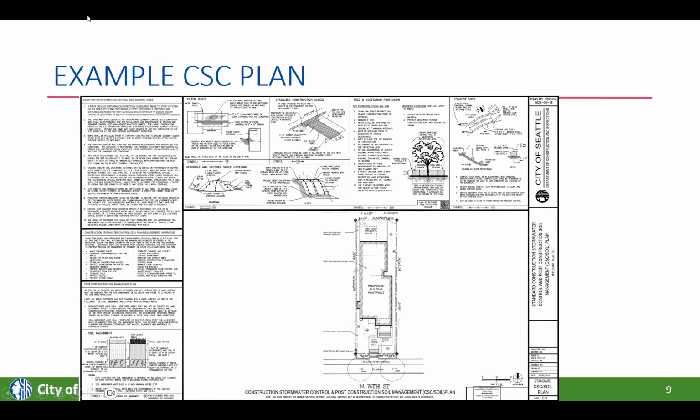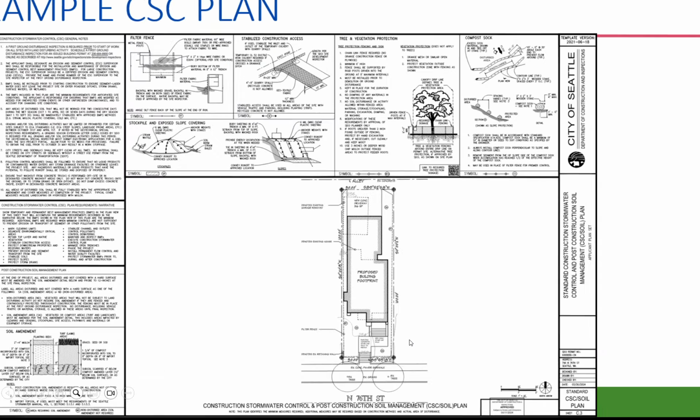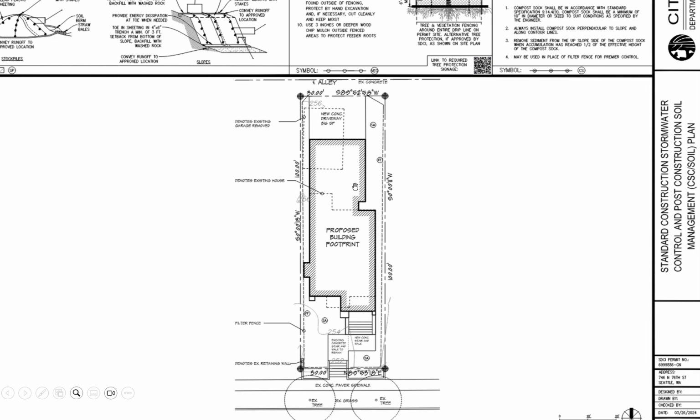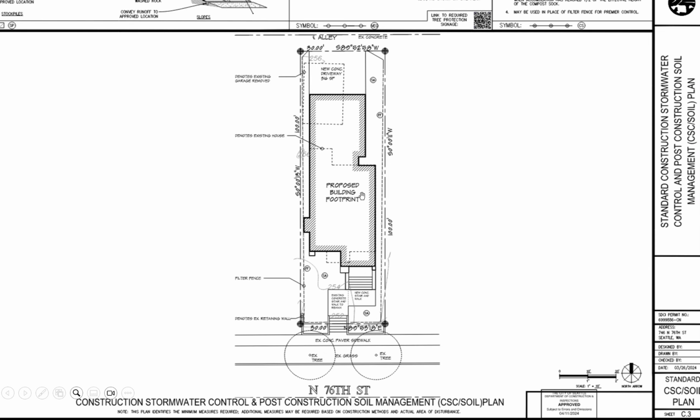is required. This is an example construction stormwater control plan. The template is provided on the Stormwater Code website, and that includes all of the standard language. It includes all the standard details. And really what we're looking for is the site plan to be provided to scale on the standard template.